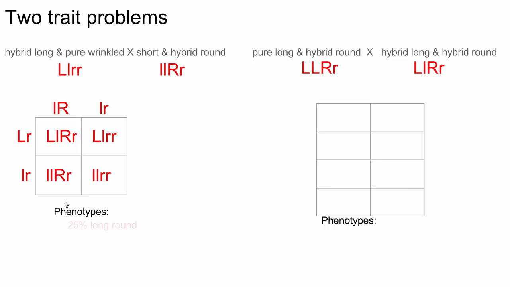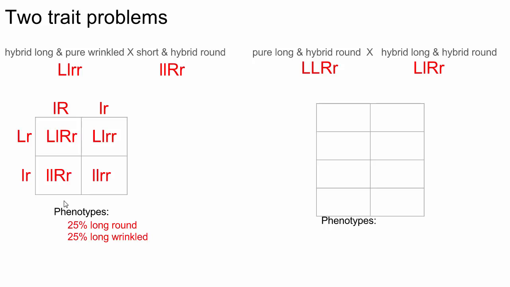In this case, 25% of them are going to be long and round. That's this one. 25% are going to be long and wrinkled.